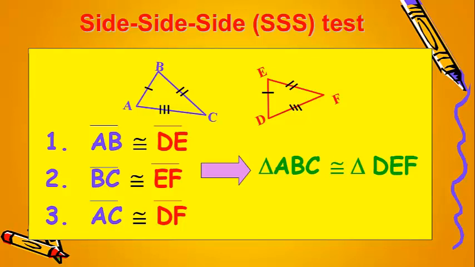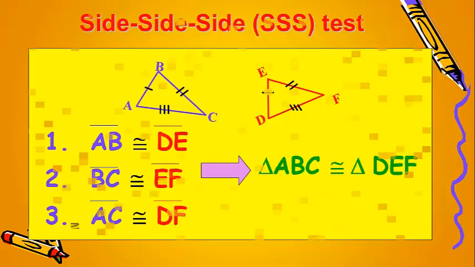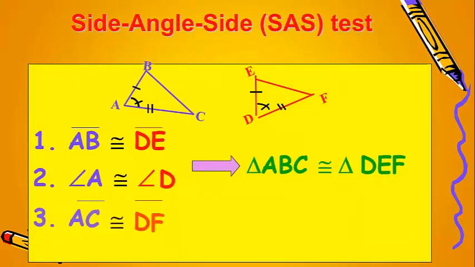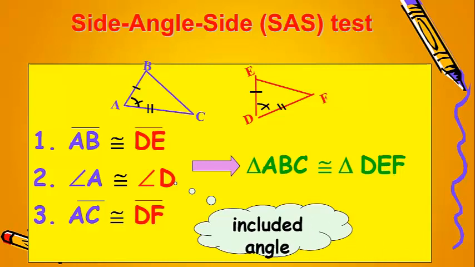Okay. Let us go for the second test, the side angle side test. S.A.S. Remember, between the 2 sides there has to be one angle, that is an included angle. Now look at the figure, triangles ABC and DEF.